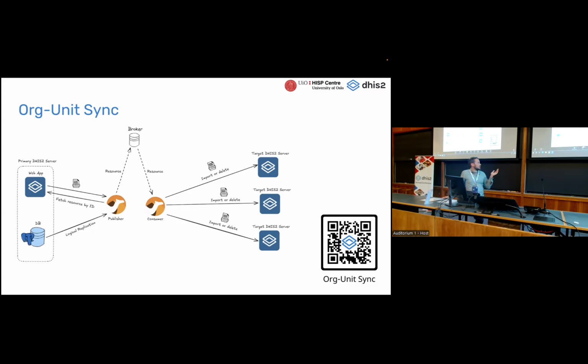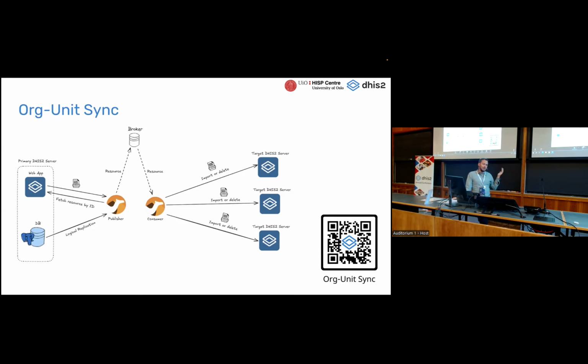So this has a pub-sub model where basically you're pulling information from the DHIS2 database, so it's very robust in that sense. We're using logical replication slots to have a trigger when something happens in one of the org unit tables.